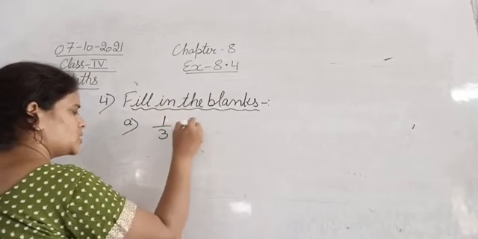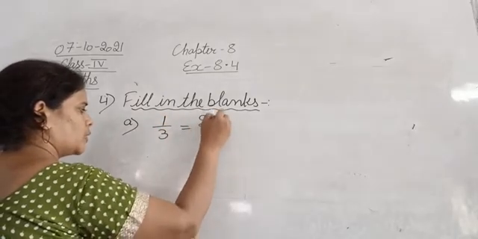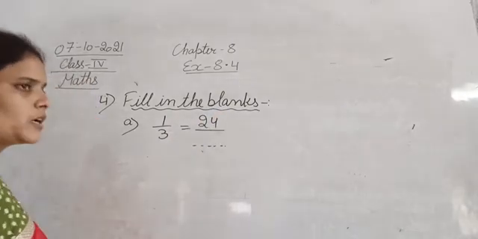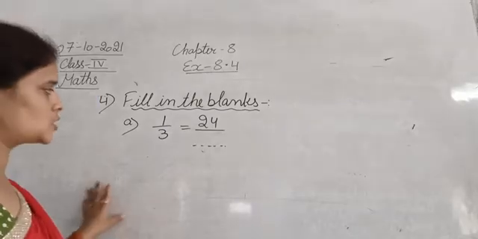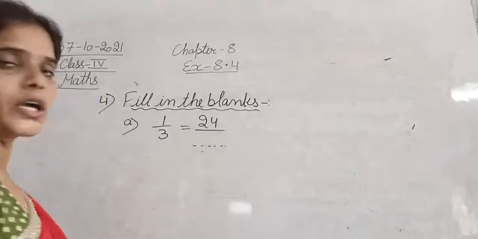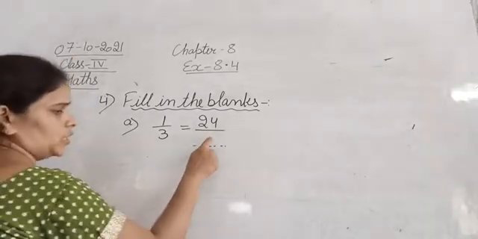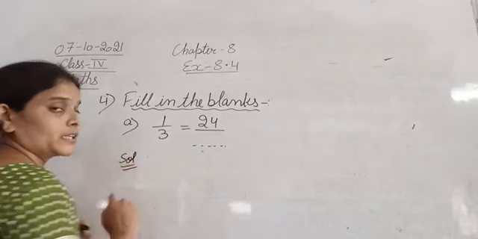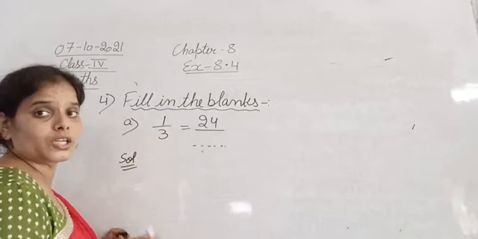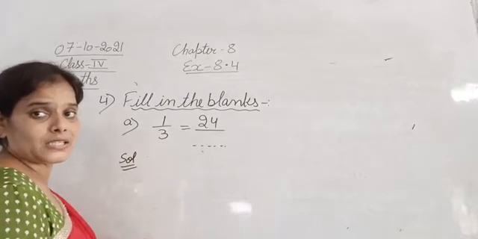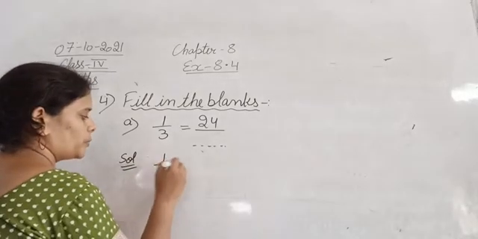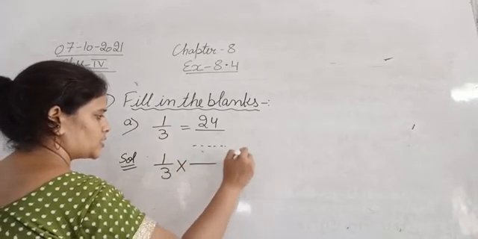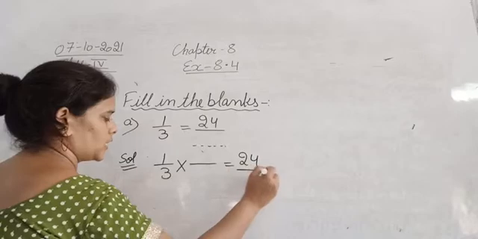So that means we have to multiply this, for getting this denominator. So the same method that we had followed in the last question, we are going to follow in this question as well. 1 upon 3 multiply by dash, and that is equal to 24 upon dash.